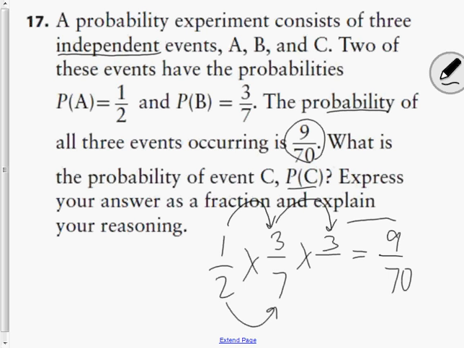And 2 times 7 is 14, or another way to think of it is 2 times what is 10, because I know 10 times 7 is 70. So that means it's 5. So 14 times 5 is 70, which means the probability of that third event had to be a 60% probability event, or a 3 out of 5 probability.